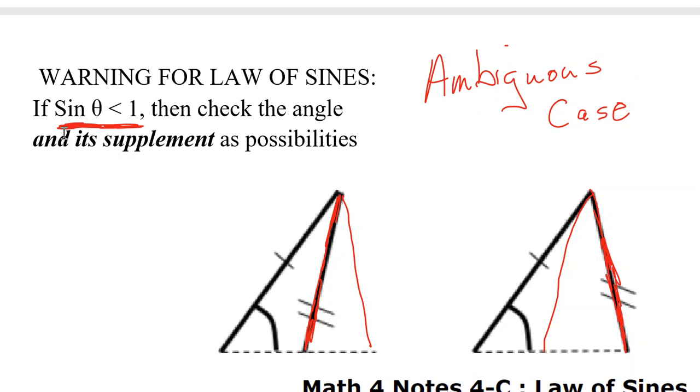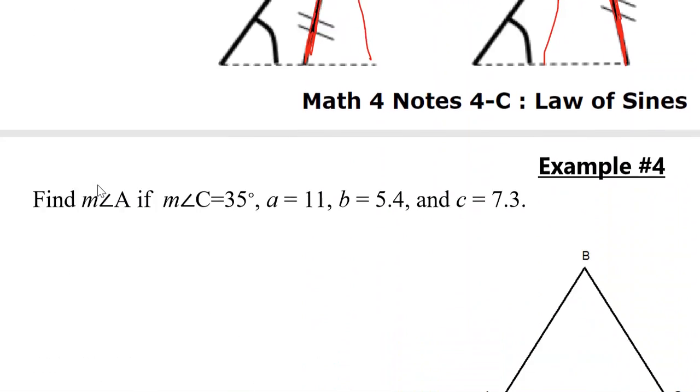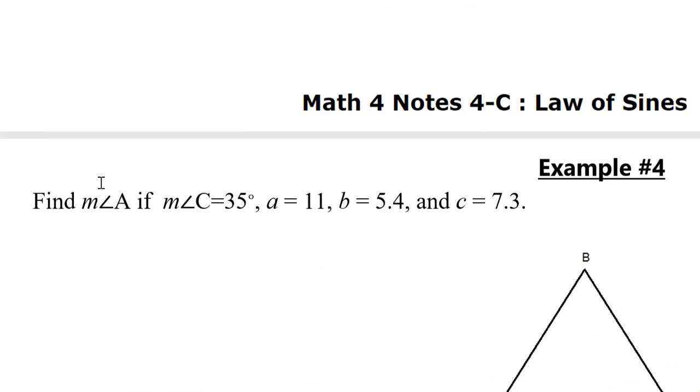For instance, if I have my decimal for sine of theta and I run it through the calculator and it tells me that theta is 30 degrees, well, I better check 150 also. Remember, supplement adds up to 180, right? So if the calculator tells me 30, I better check the supplement too and make sure, because between the two of them, one's going to work and the other one doesn't. So we'll see this happening here.